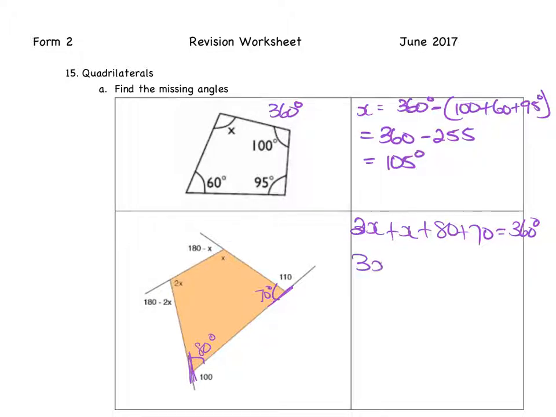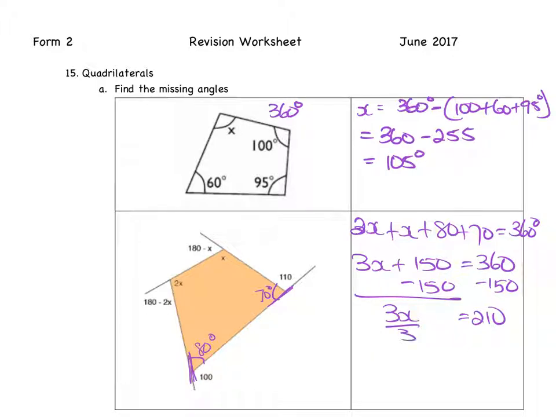So you get 3x plus 150 is equal to 360. Minus 150 from both sides, and we'll get that 3x is equal to 210. Divide both sides by 3, we'll get that x is equal to 70 degrees.